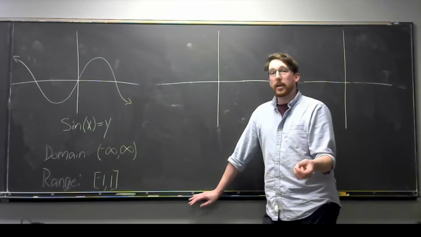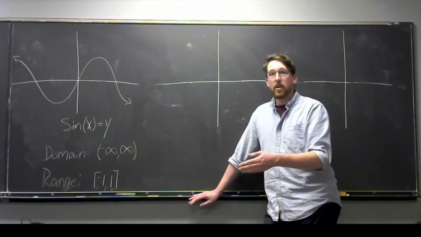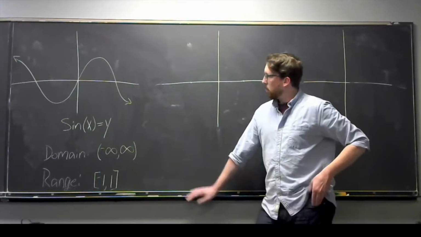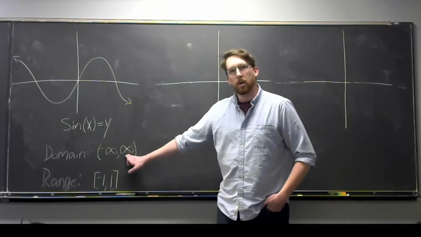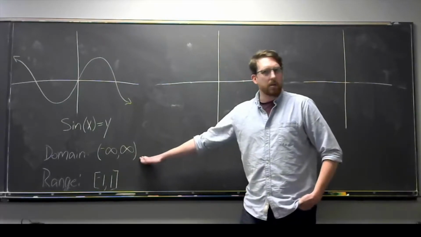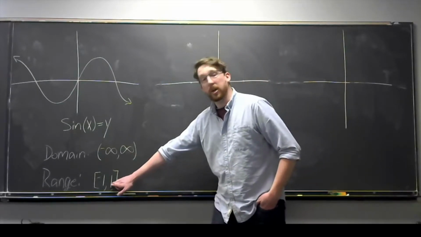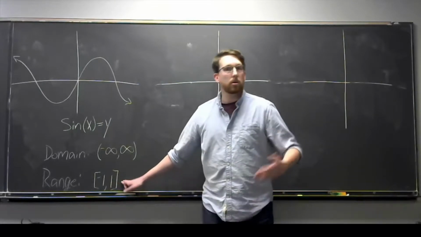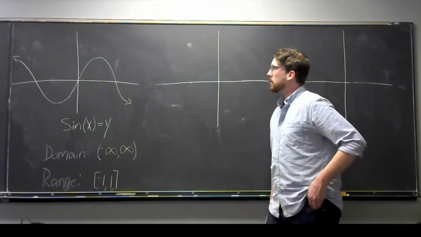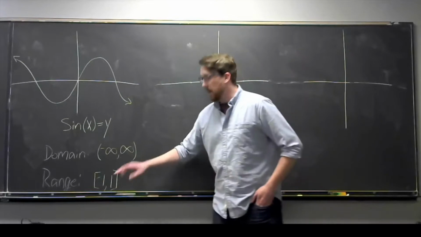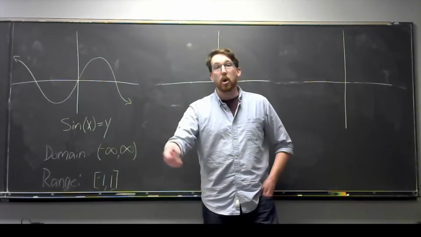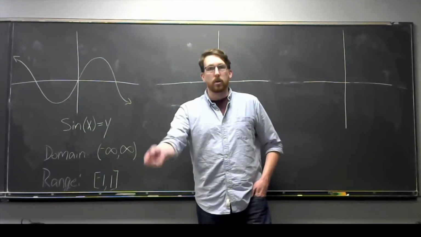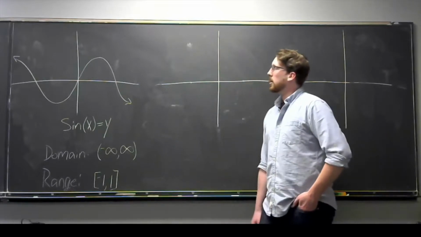The square brackets mean you can include that value. So we'll never reach infinity, so we use rounded brackets. We can reach 1, we do reach 1, so we use square brackets.